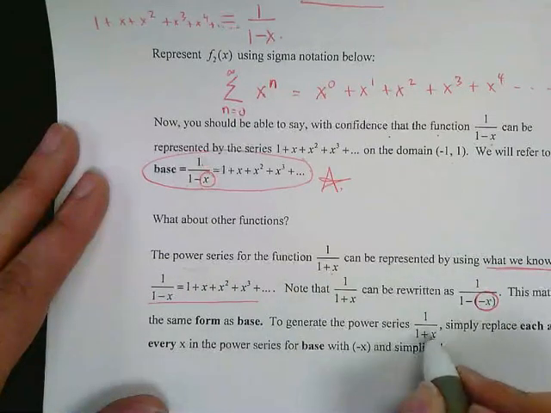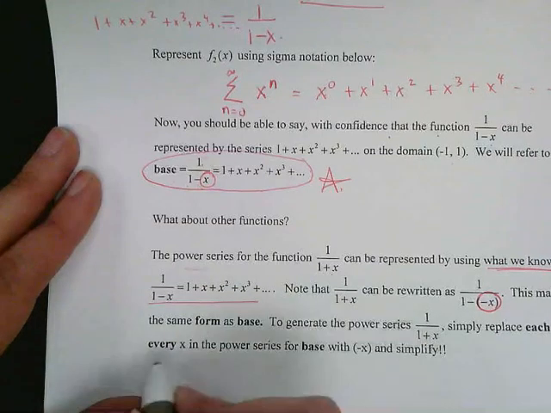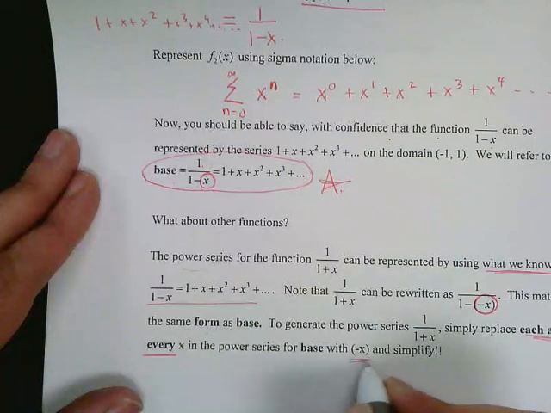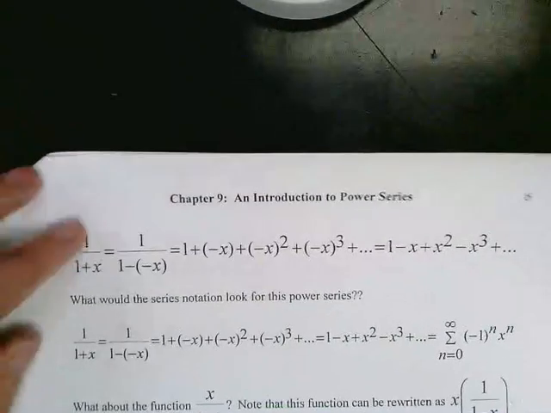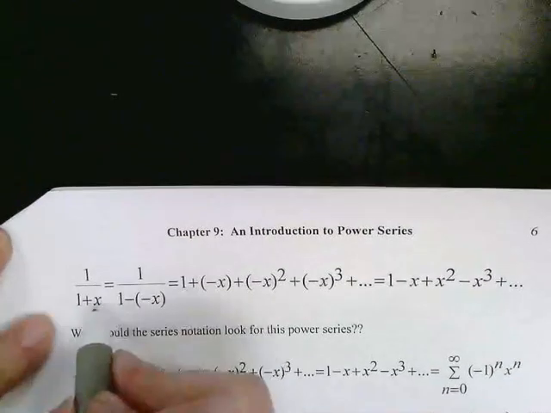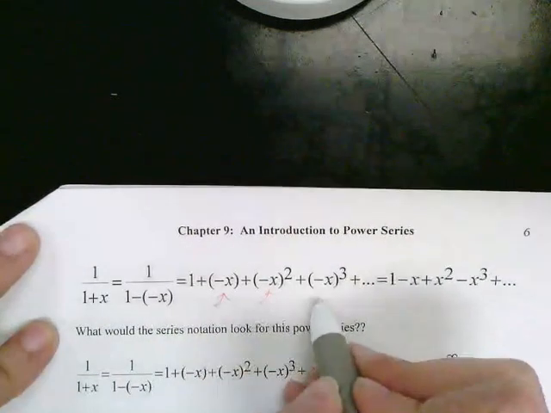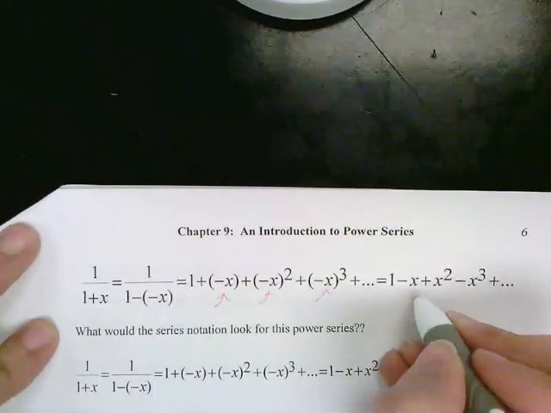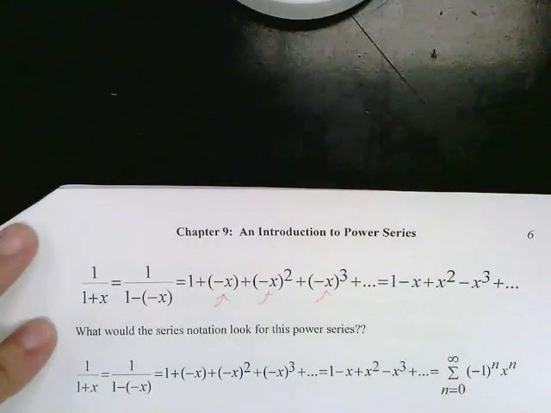So to generate the power series for 1 over 1 plus x, we simply replace each and every x in the power series with a negative x and simplify. So it looks like this. You replace each and every x in the series with a negative x and simplify, which ends up giving us alternating negative, positive, negative, positive.